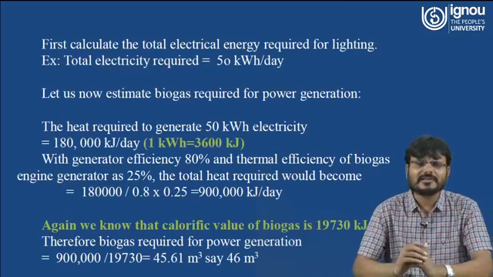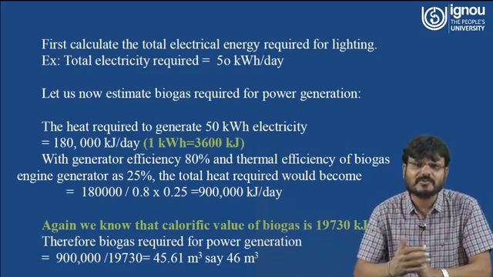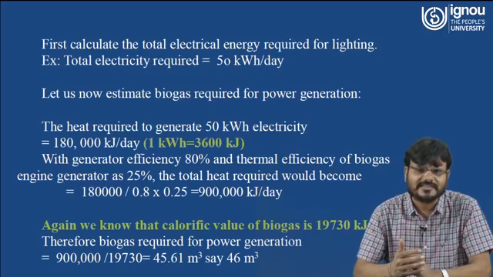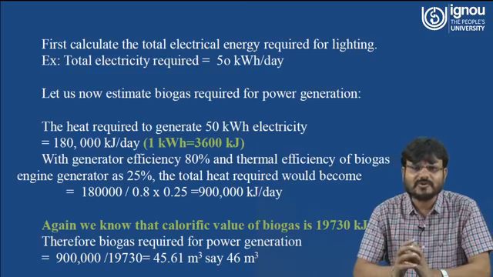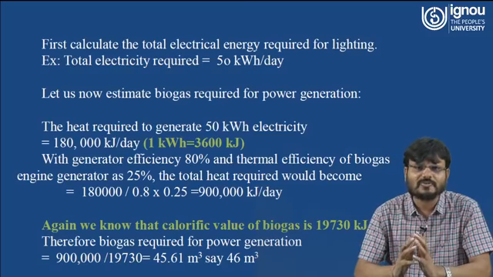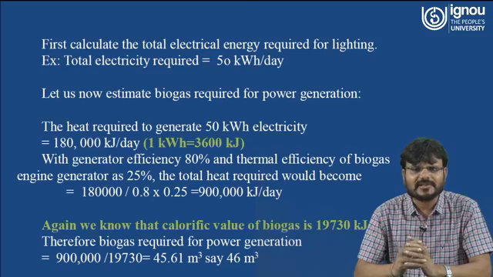Now again we can understand how the size of the biogas plant is decided, by the following points. First of all, you must know how much electrical energy you need. So first of all, you have to calculate the total electrical energy required for your house or for any purpose. And how can the electrical energy be calculated?